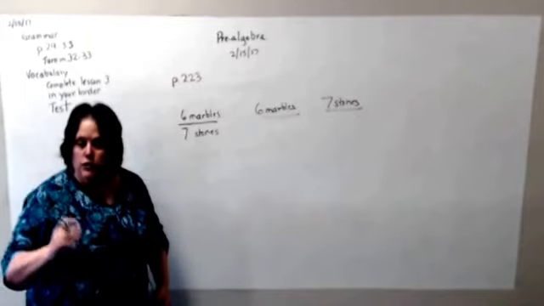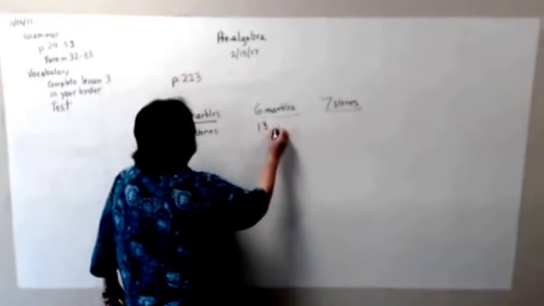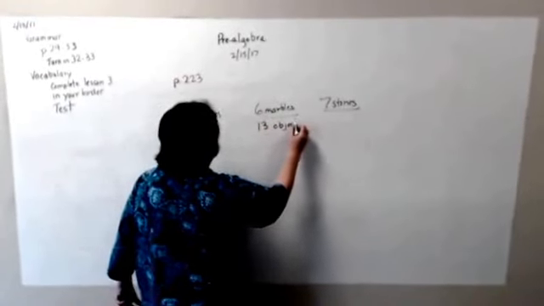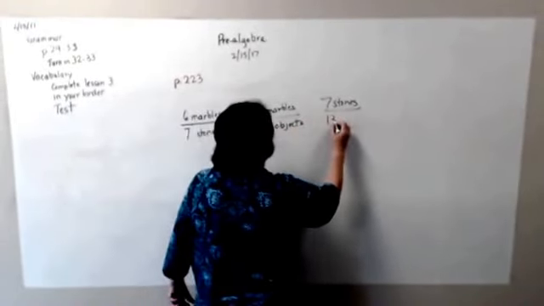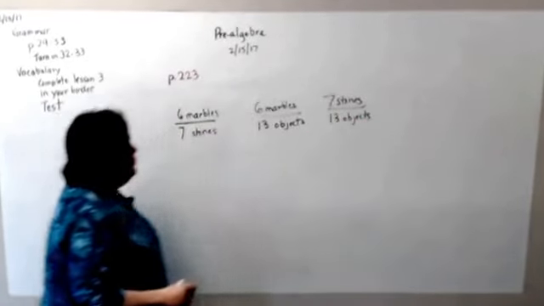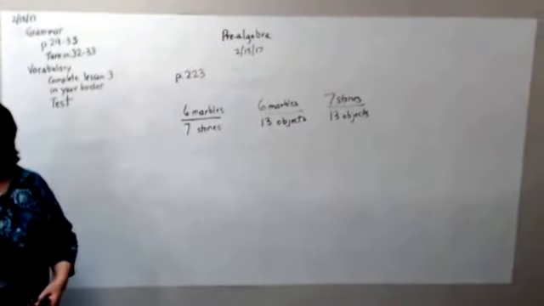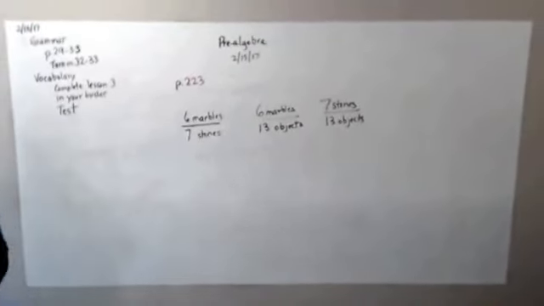The total. And so what would the total be? 13. And we could just call them objects, can't we? 13 objects. 13 total. Doesn't matter what you call them. Sometimes they'll give us a clue in the problem, but you just have to know what it means.